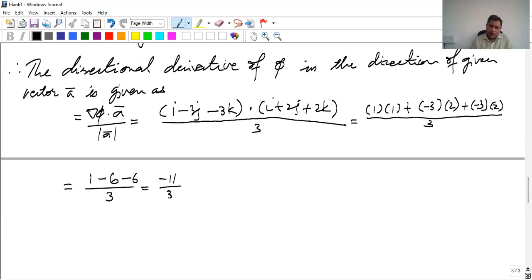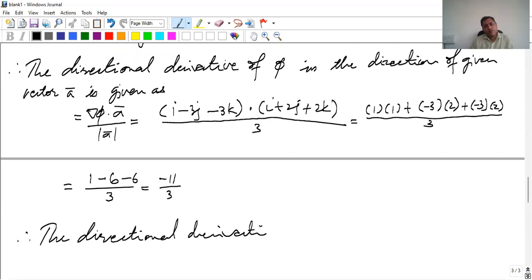So is it minus 11 by 3? Yes, sir. What we got here: the directional derivative of phi is minus 11 by 3. Got it?